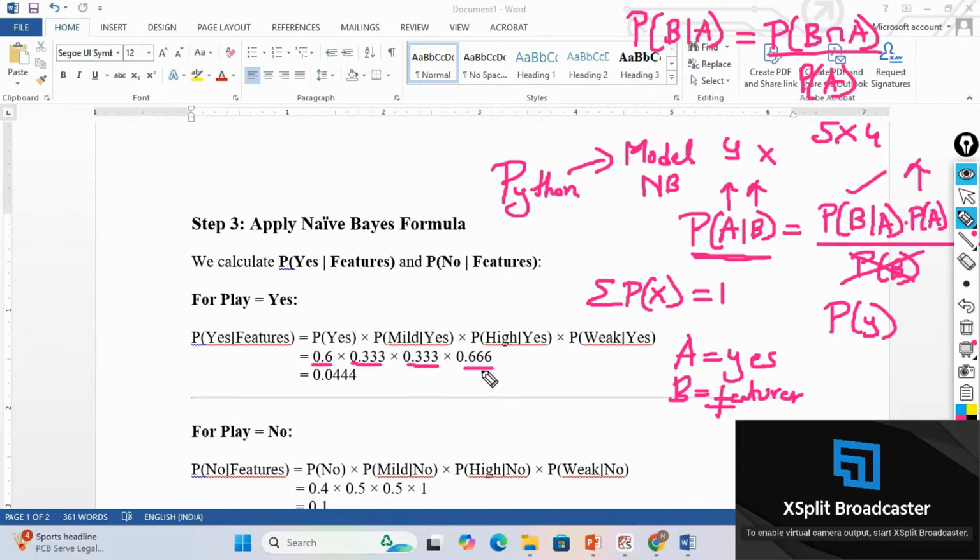Probability values lie between 0 and 1, so when you multiply a decimal value with a decimal value, you get a very small decimal value. So the probability of playing yes with the given features is 0.044.